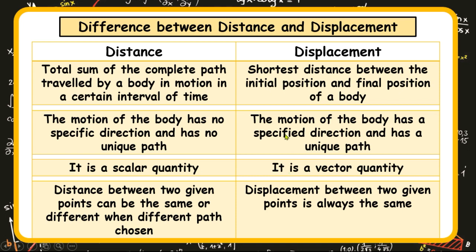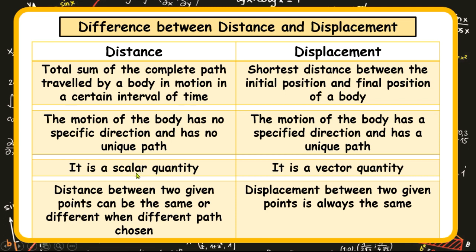But for displacement, it is said that the motion of the body is given a specified direction and a designated path, straight. That straight path between the initial position and the final position is displacement.